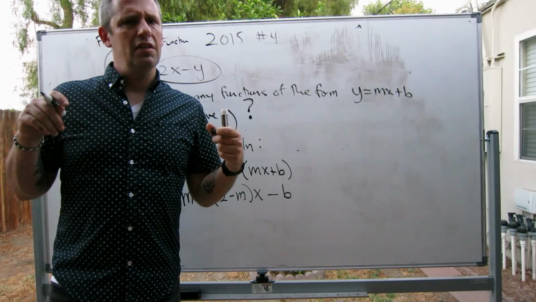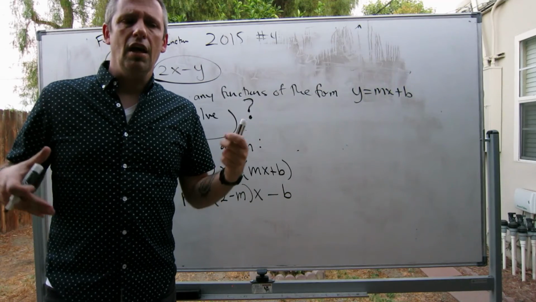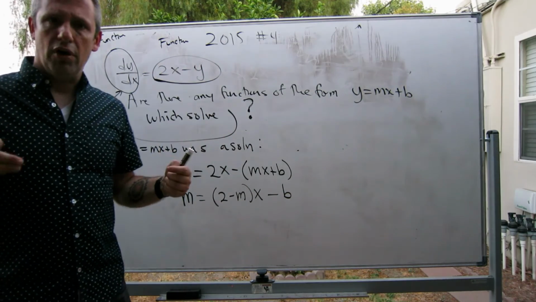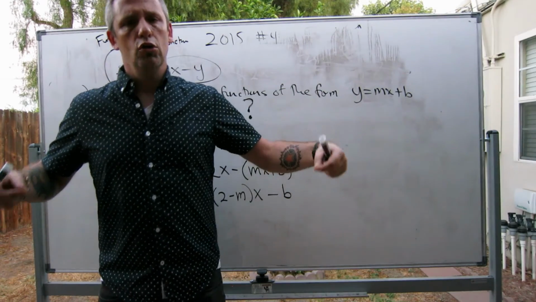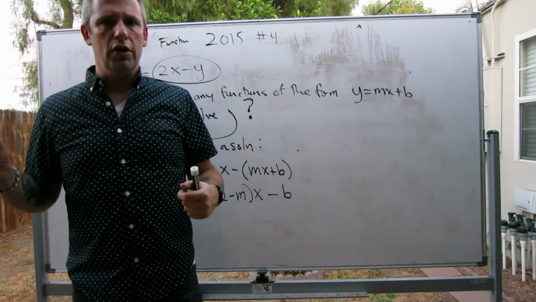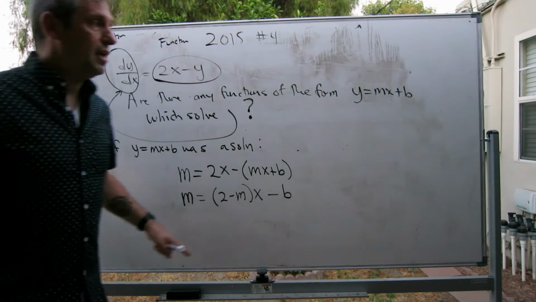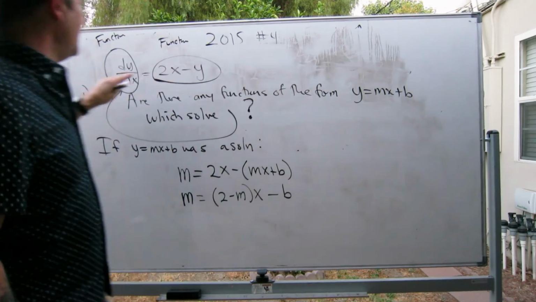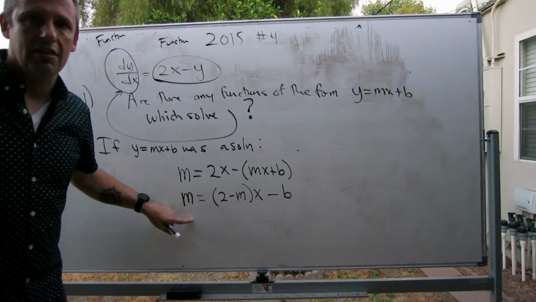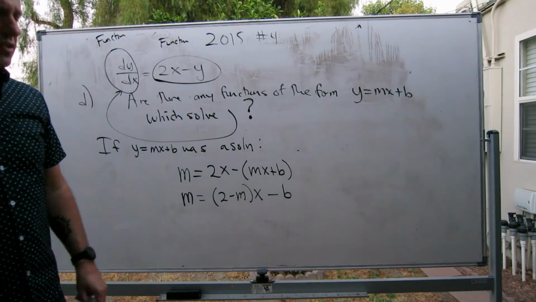Two functions being the same, though, is much more. Two functions are the same if, given any input value, x value, if you plug it into either function, you always get the same y value. So these two functions have to be equal, but because we're trying to solve this for a linear function, the left-hand side of this is just a constant, because the derivative of a line is a constant, namely the slope.